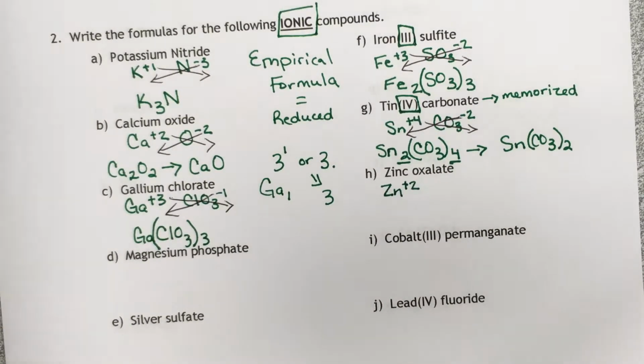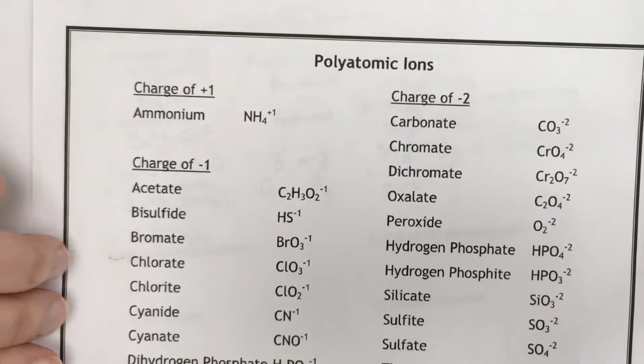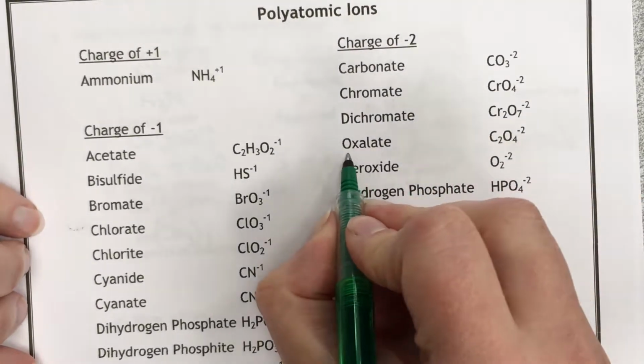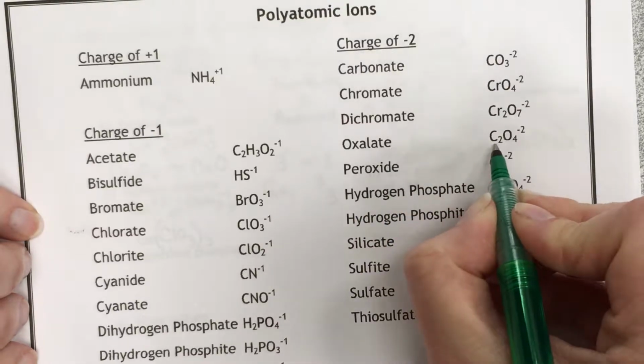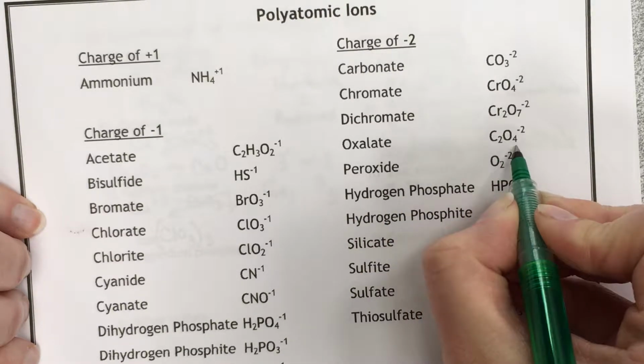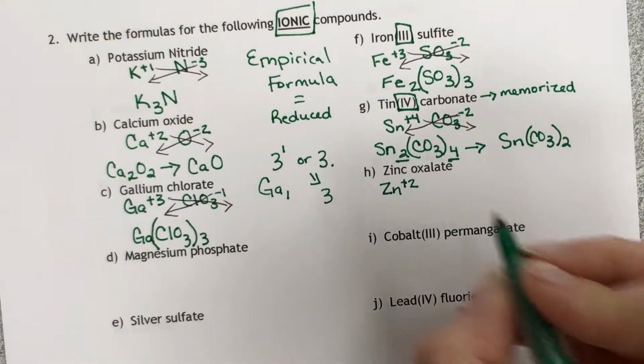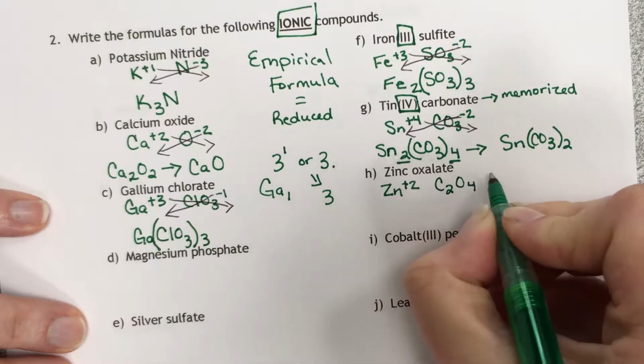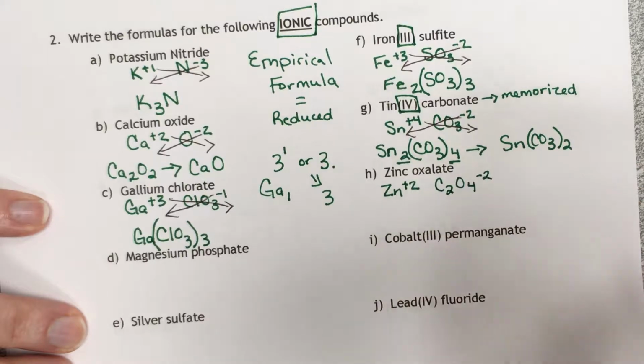That is going to be something on your polyatomic ions list, which again, you'll have this minus the 7 I wanted you to memorize. Oxalate, here it is. So we're going to put it as C2O4 with a -2 charge. So oxalate is C2O4 with a -2 charge, okay?